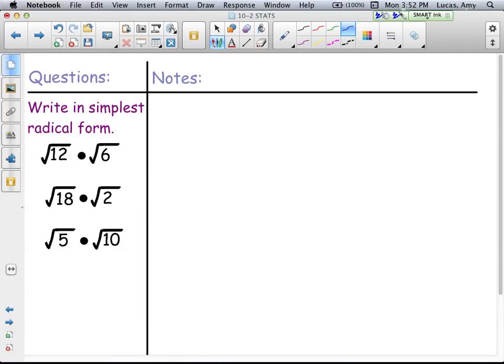Okay, so just like on the last one, the difference though is that these are written as separate square roots, and they're not perfect squares. So I'm actually going to multiply them and put them back together first. 12 times 6 is 72, because now if I break down 72 differently, I could use 36 times 2, and then the square root of 36 is 6.